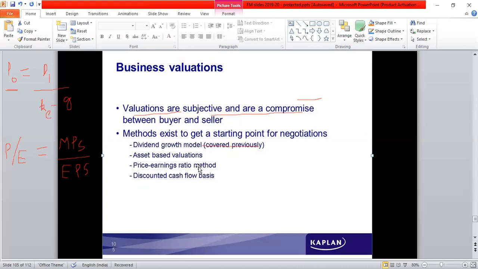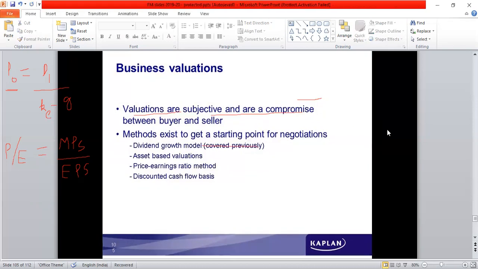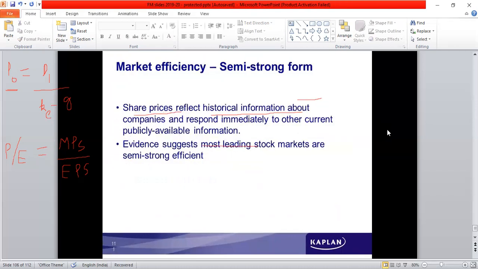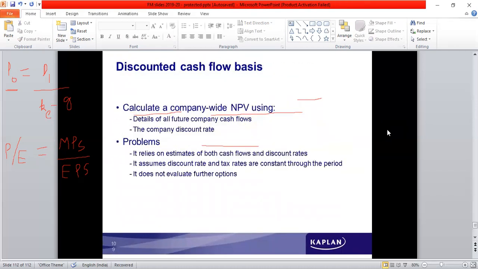Fourth one, when we are talking about discounted cash flows, these cash flows relate to the future period. Those are anticipated future cash flows. But we already know that future cash flows do not have the same present value. As time passes by, the future cash flows have a lesser or discounted value.